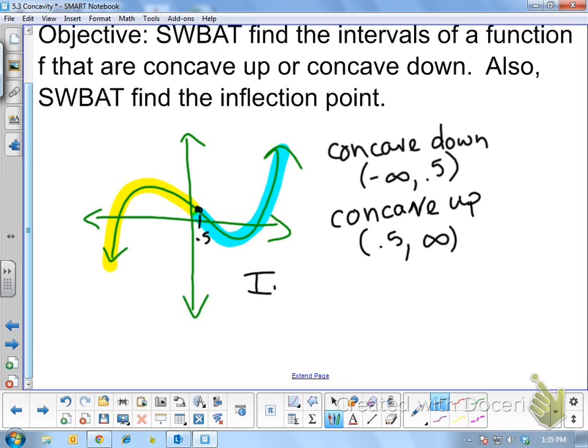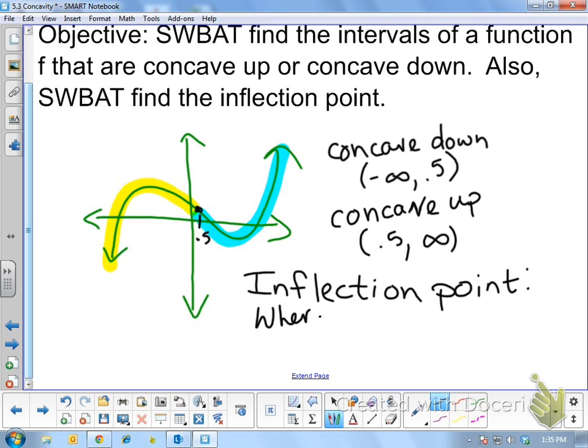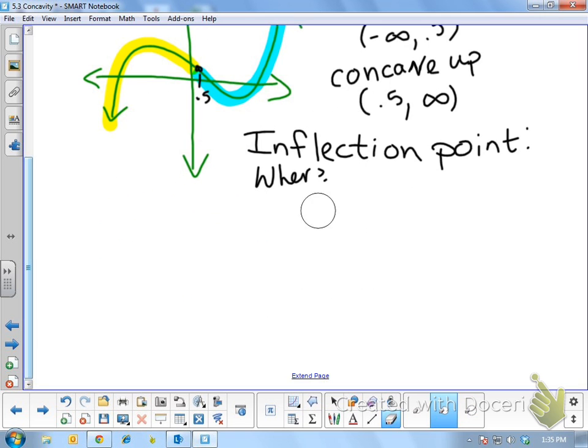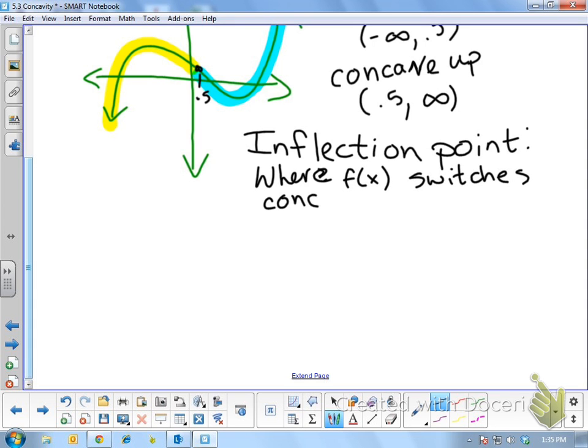So an inflection point is just where we switch concavity. If we switch from concave up to concave down, or concave down to concave up, no matter what, we call that point an inflection point.